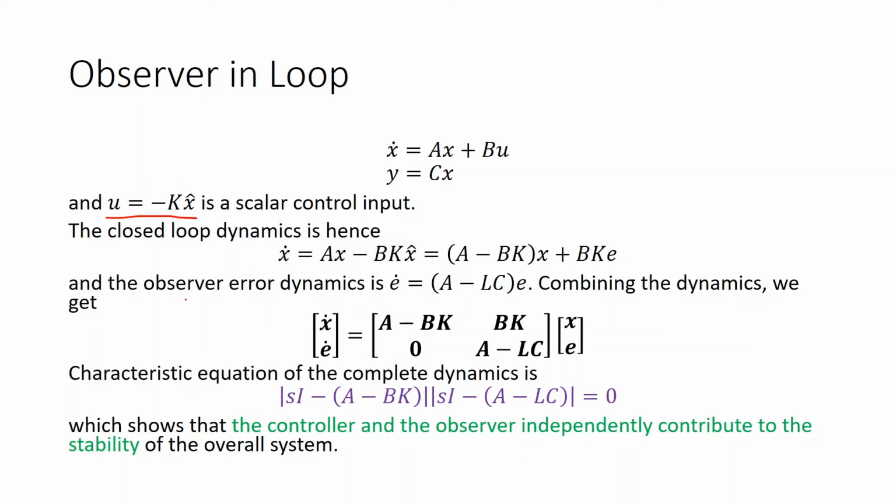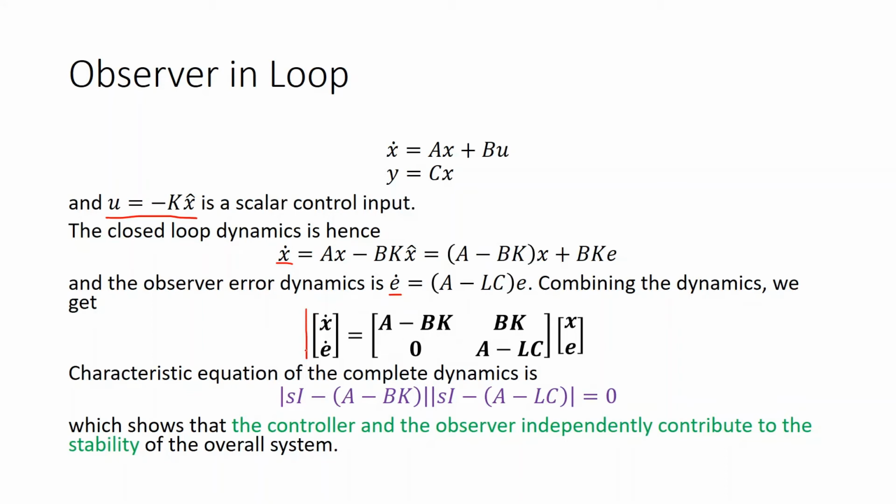And the observer error dynamics is there, which we already know, which is this equation. Now we combine the dynamics: the actual state dynamics and the observer error dynamics, to give rise to this appended system.